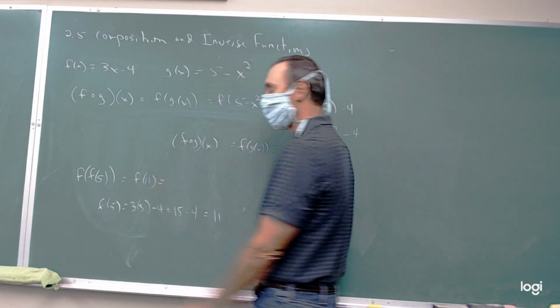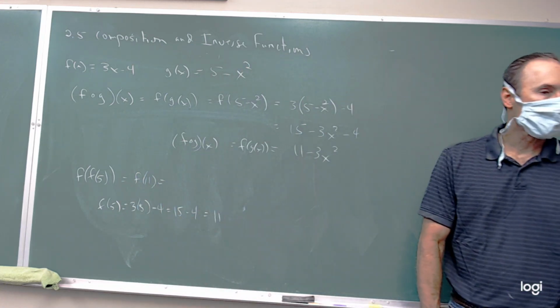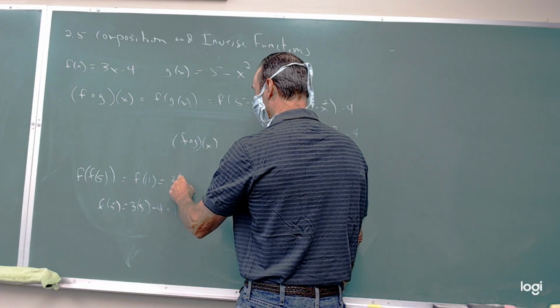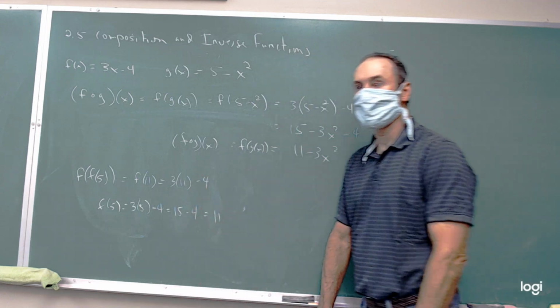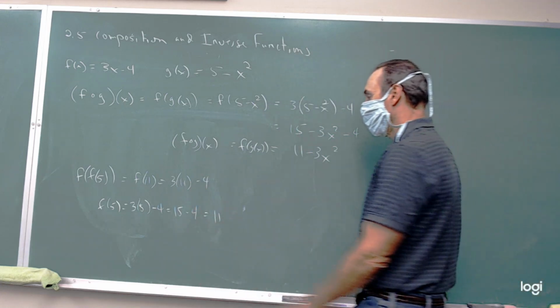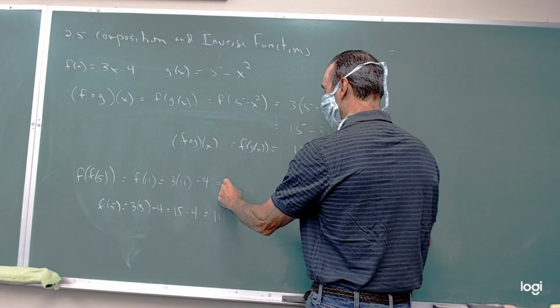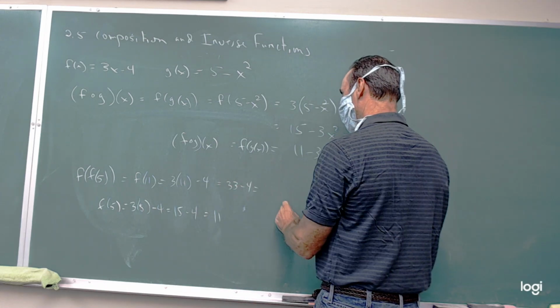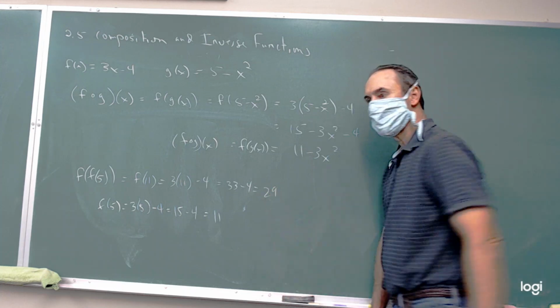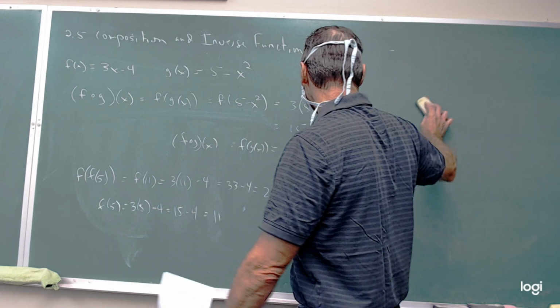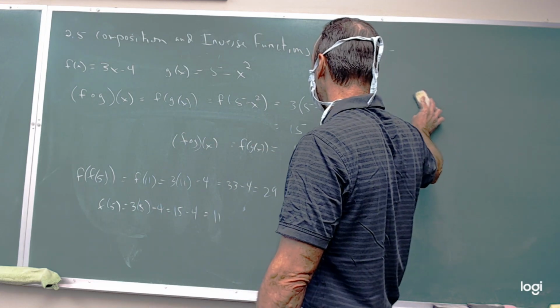And so this time we'll plug the 11 in for the x. And this is perfectly well defined. So this time we'll get 3 times 11 minus the 4. And that's going to be 33 minus 4, and that's going to be 29. Very nice. Okay? So let's go back to the composition with functions and see if you can do that.